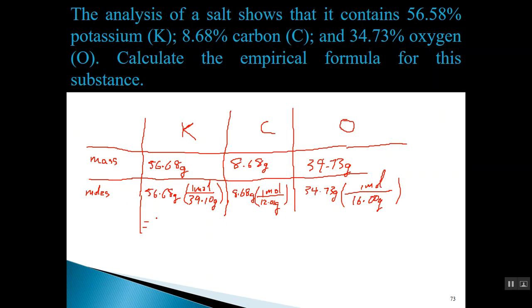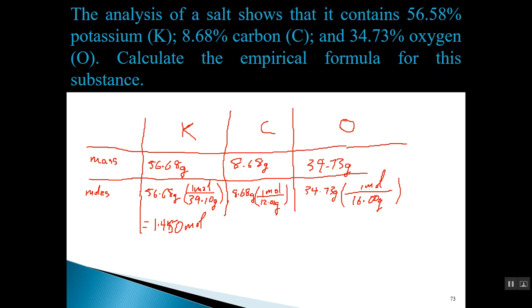And then I work out each of these. In the case of potassium, I would divide 56.58 by 39.10, and the result I got there is 1.450 moles.